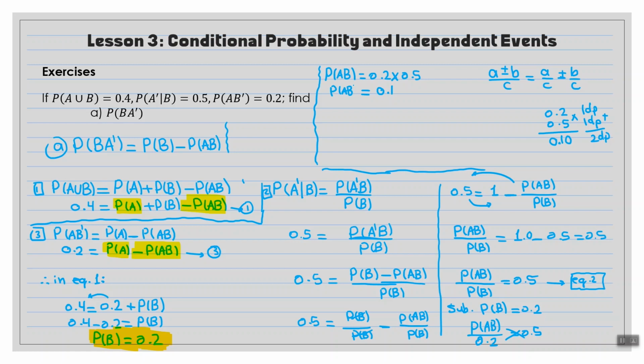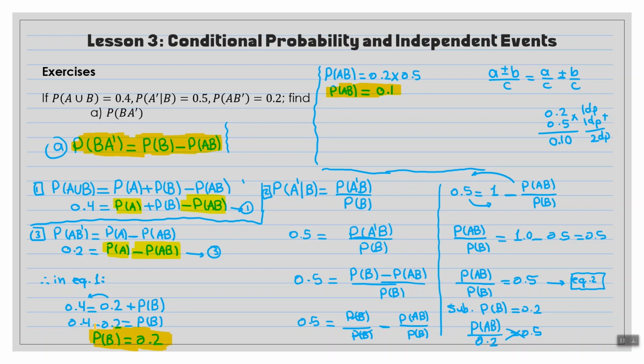We have found ourselves now the second unknown. So let's use a highlighter here as well. And actually, guys, I don't need to find the third unknown. Do you know why? Look, what I want to find is the probability of B A dash. This is the probability of B minus the probability of AB.